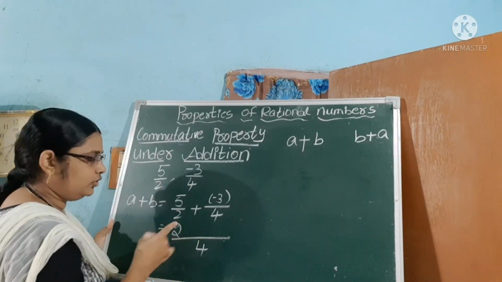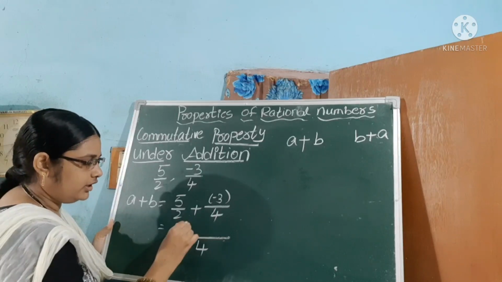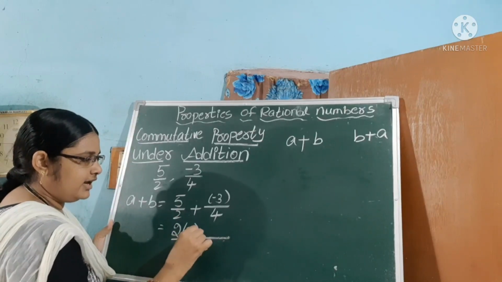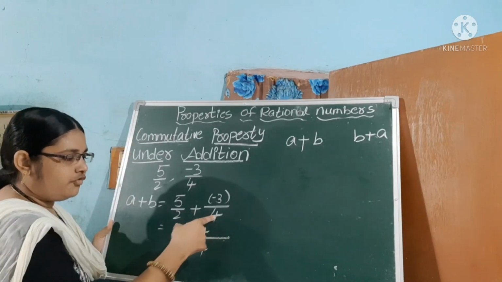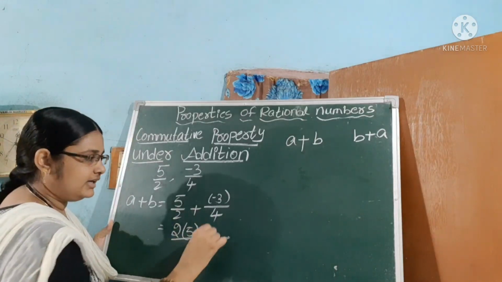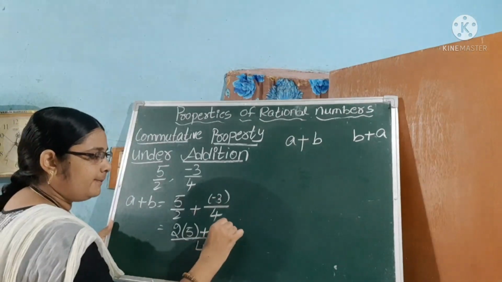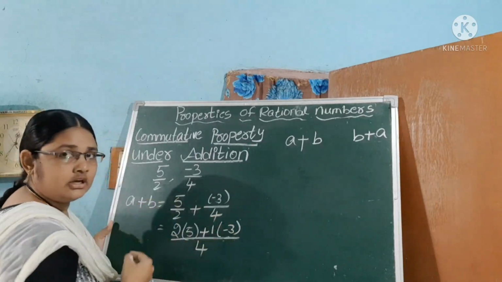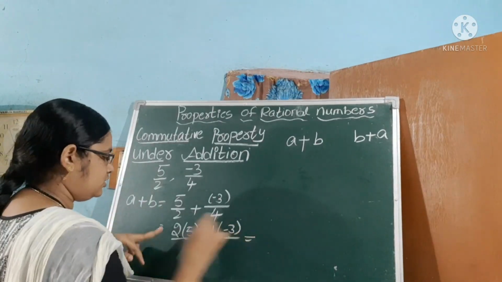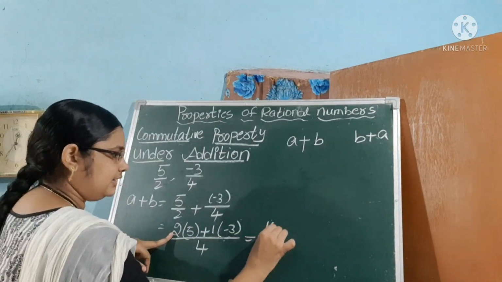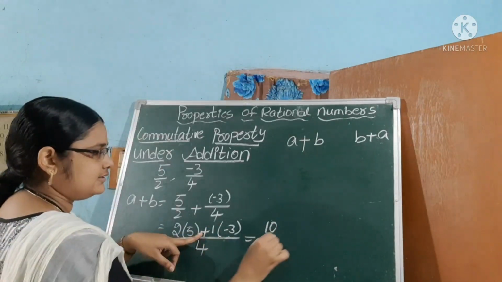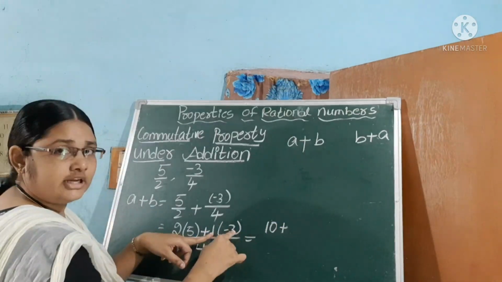So 2 into 2, 2 2s are 4, into what is the numerator? 5. Plus, 4 in 4 how many times? 1 time. So 1 into minus 3. Is it clear? So 2 5s are 10 plus 1 into 3, 3.